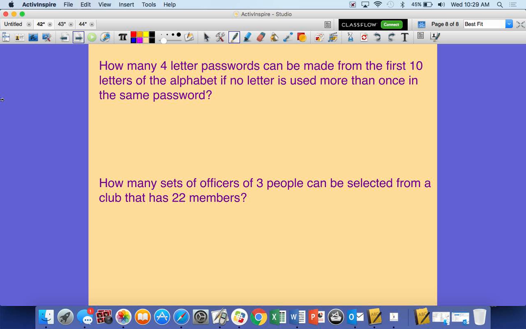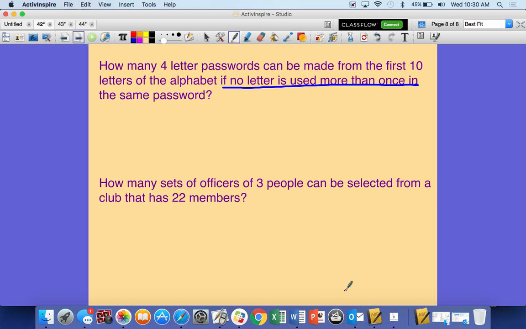Next one, how many 4-letter passwords can be made from the first 10 letters of the alphabet if no letter is used more than once in the same password? Alright, now, is this a combination or a permutation? Does the order matter? Okay, if no letter can be used more than once, that tells me the order matters. So this is going to be a permutation here.